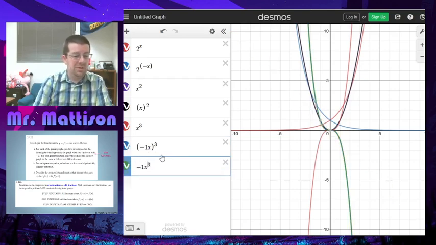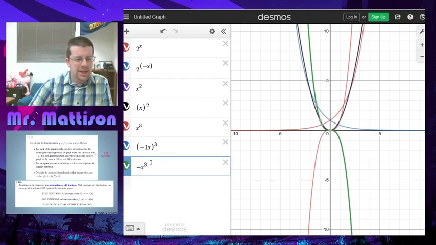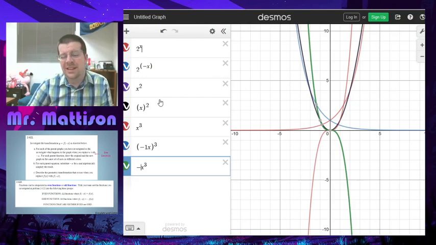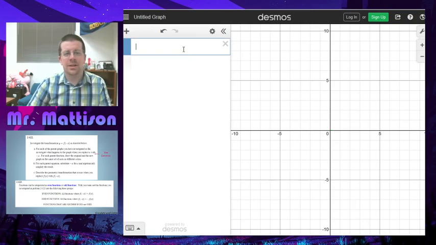If you really don't always put that one there, it's like just saying -x to the third. Right? So we're seeing that, yeah, if it changes back to itself, like here, it doesn't really show differently on our graph. But on ones where it does change, we are going to see a different graph there. I'll clear out some room here so you don't have to see so many graphs on top of each other.